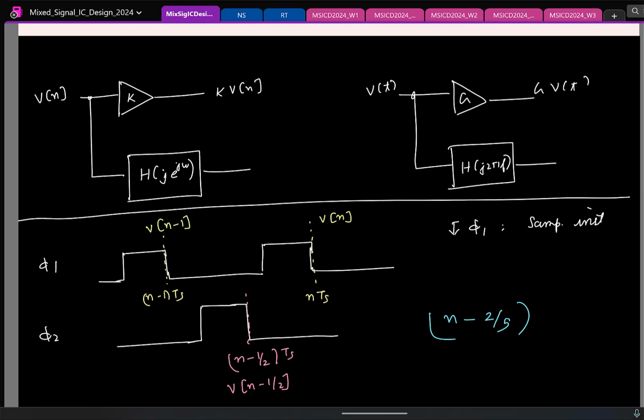So now let's look at one simple circuit.